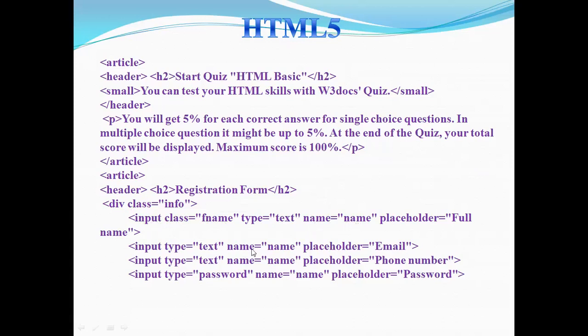The password also you have to give that. With whatever name you have given here, only with this name can you call that data. Whenever you write programming code in a real-time environment, we have to call that data by this name. So we have to remember that.